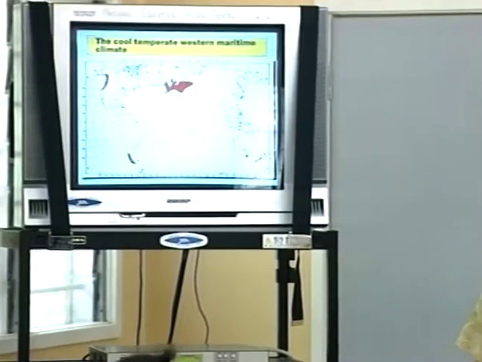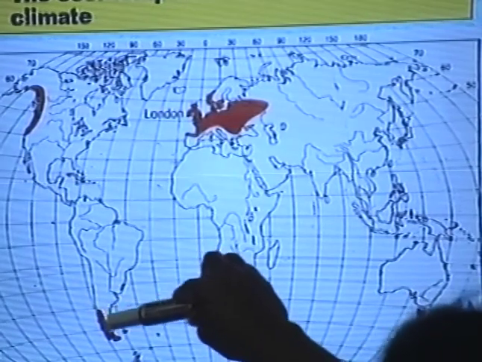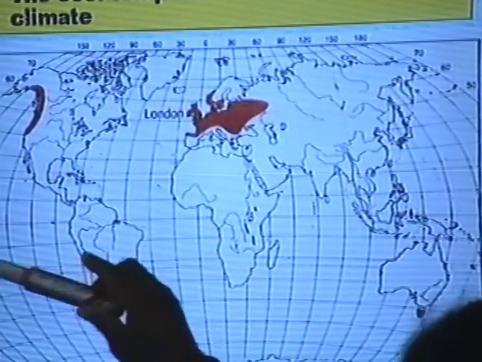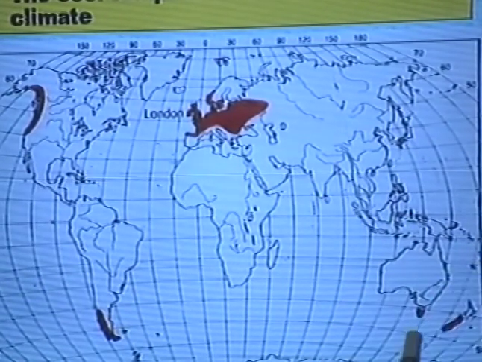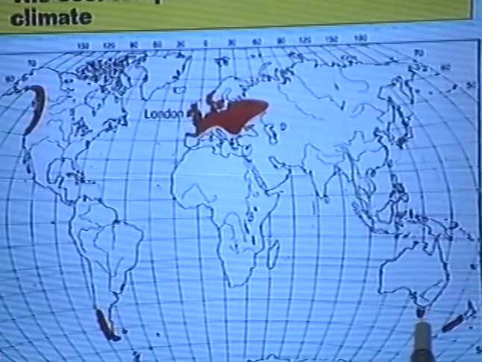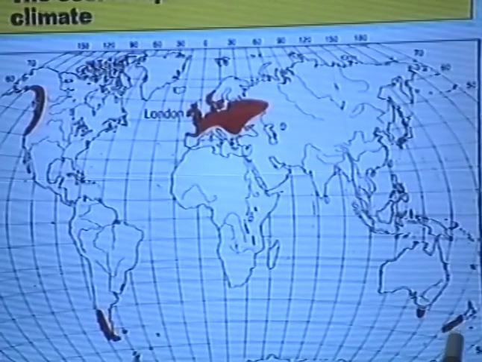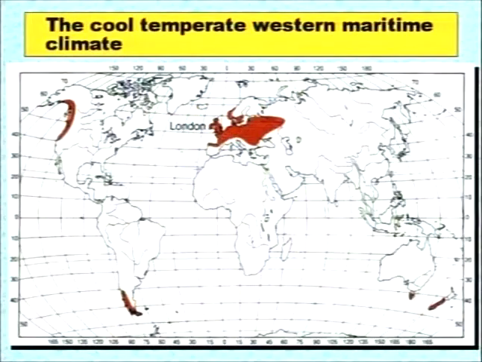You have also southern Chile, the southern part of the country, that also experiences this type of climate. Tasmania in Australia experiences the cool temperate western maritime climate, and also the South Island of New Zealand. So those would be some of the regions, according to our map, that experience this type of climate.